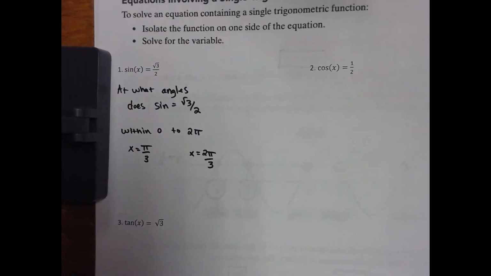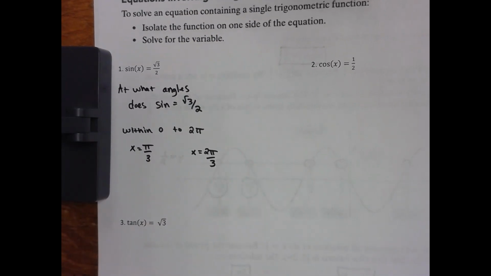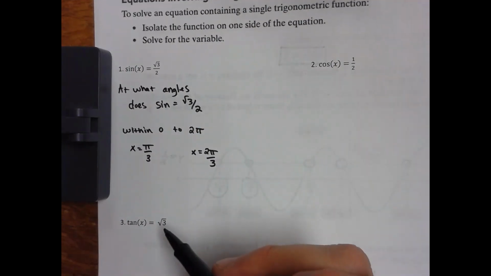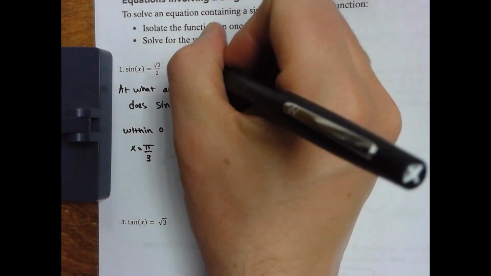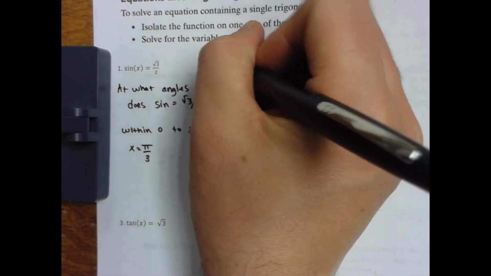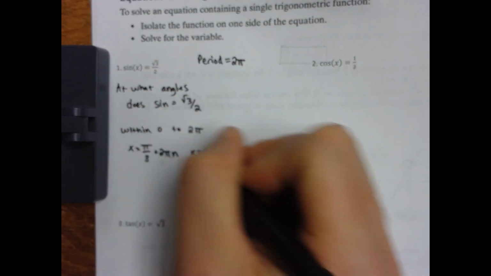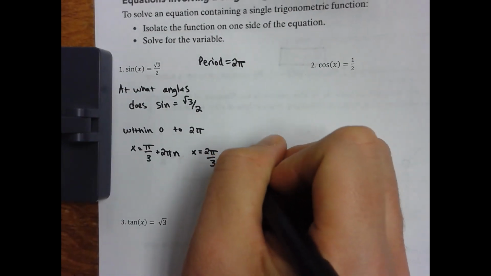And then from here, we're basically adding the period of the function. That's the last thing to consider. Remember that the period for sine and cosine is 2 pi, but the period for tangent is different. So with the period being 2 pi, I'm going to add 2 pi n onto these solutions.